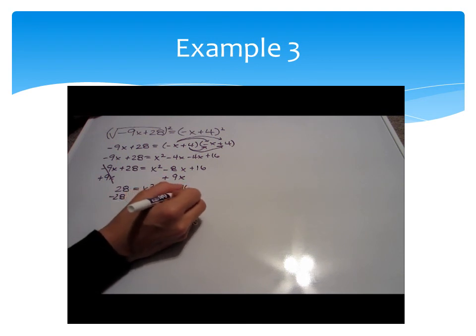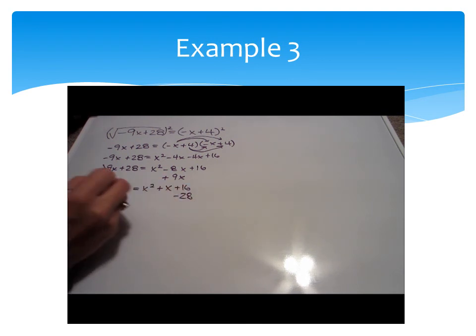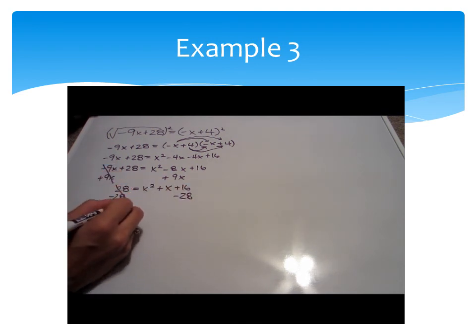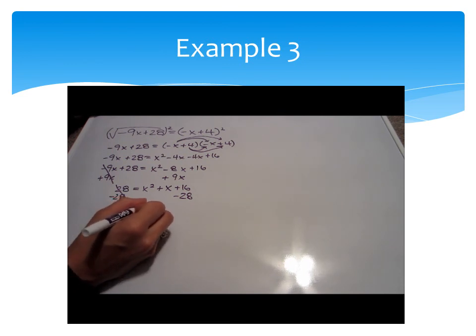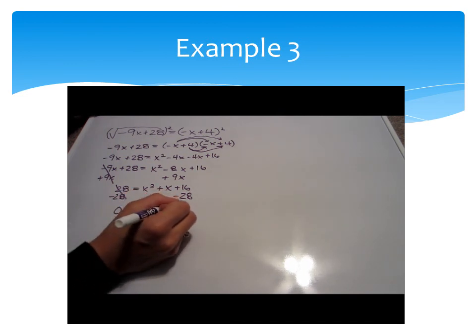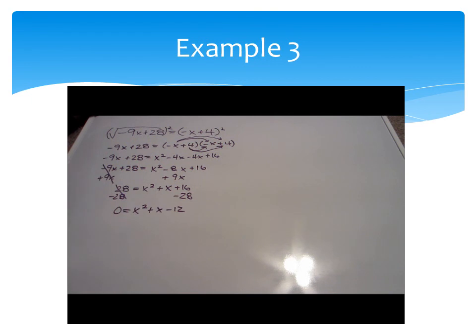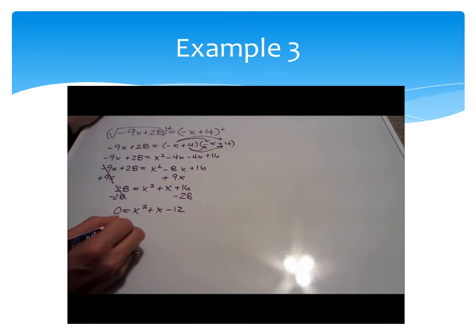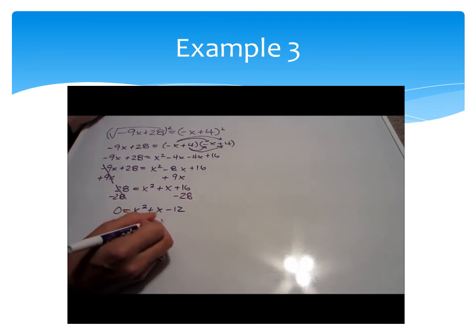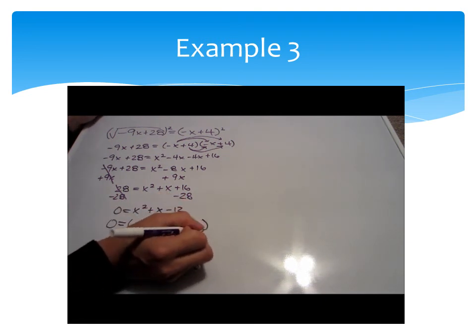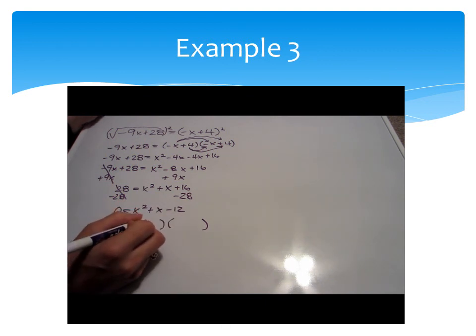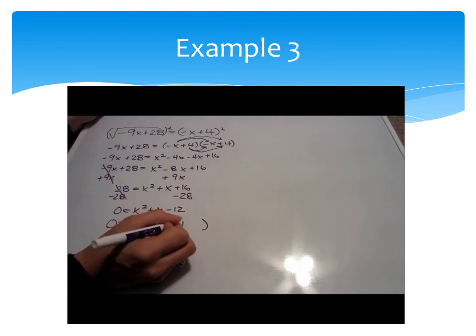Subtract 28 from both sides to get the equation equal to 0. So we have 0 = x² + x - 12. Now we need to factor. So we get 0 equals, we need to multiply to negative 12 and add to 1, so we get (x + 4)(x - 3).